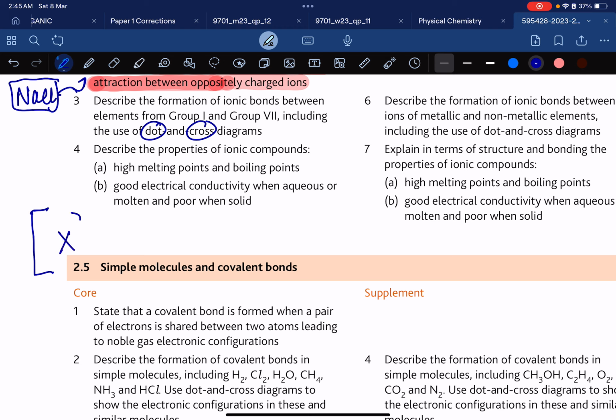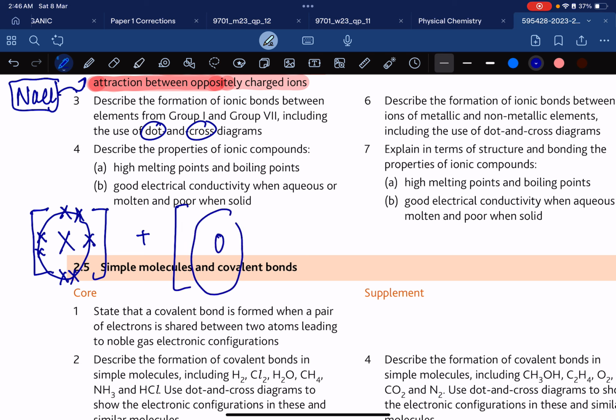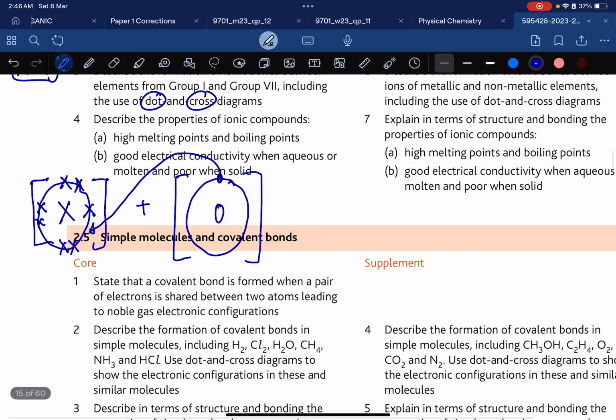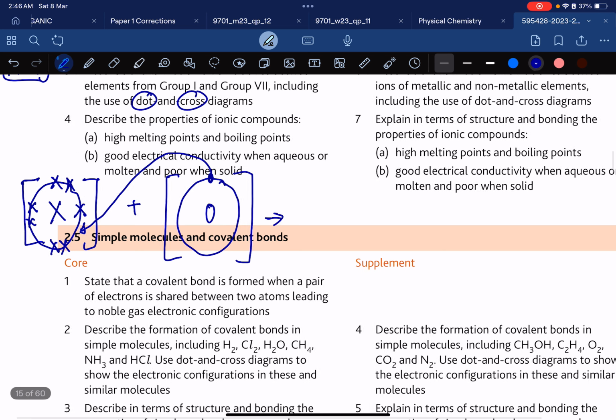For example, let's say I have X with its outer electrons drawn as crosses, and I have O with its electrons as dots. In order for O and X to become stable, O will have to transfer its electron over here so that both of them will have a complete shell.